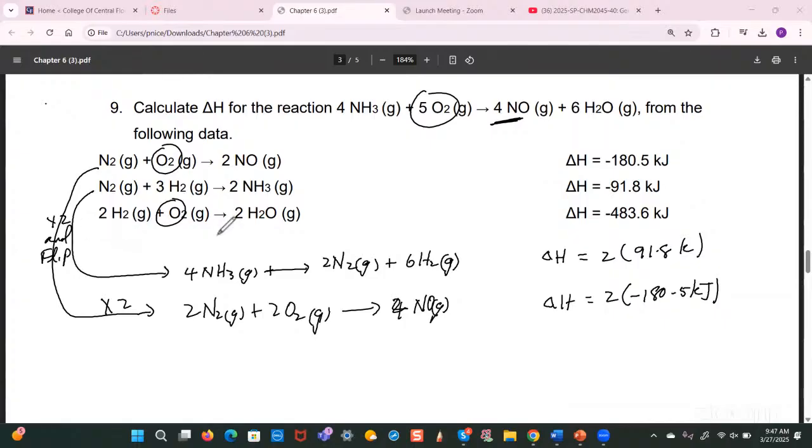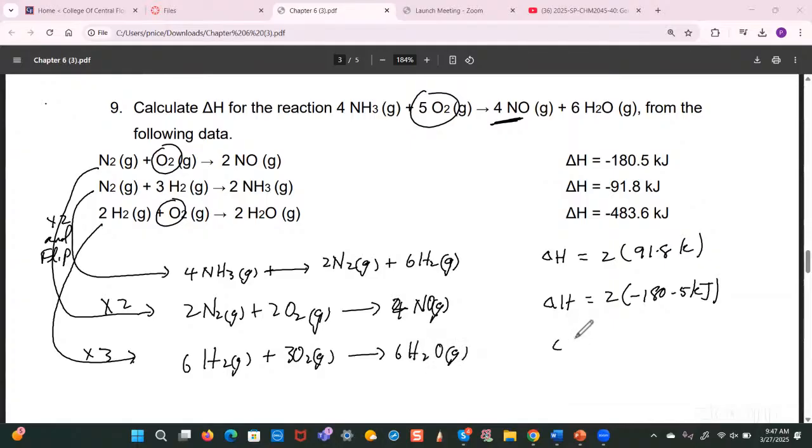Okay, and then now we come to the third equation. We're going to compare the third equation to this equation here. So we notice that what they have in common is water, right? But in this case here, we have 2 water molecules. In this case here, we have 6. So what do you think we need to do to this equation? Multiply by 3. So you're going to end up with 6H2 gas plus 3O2 gas to give 6H2O gas, right?